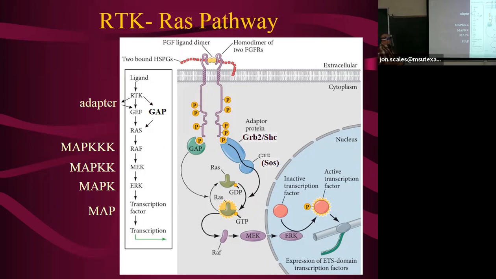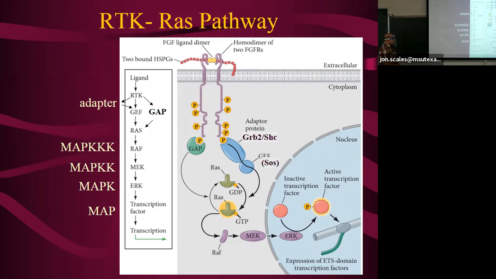We'll meet specific members as we go through these things, but a ligand has to bind to the receptor. This is for all receptor tyrosine kinases. There are adapter proteins that modulate interactions with GAPs, and then RAS is activated, and then RAF is activated, and MEK is activated, and then ERKs or MAP kinases are activated.